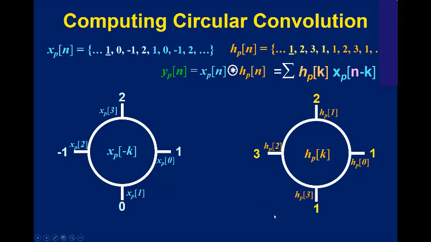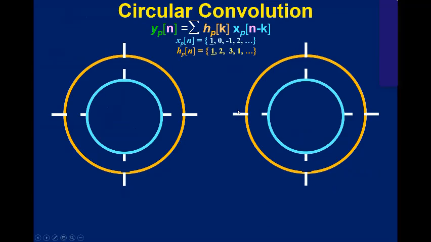And so we have the circular display for our original h signal. We have the reversed version of the display for our x signal. And now to do a convolution, we'll put one inside the other. And for every index n, we'll apply a different shift to our reversed one here, and then perform the convolution at each point around the circle. Let's see how that works.